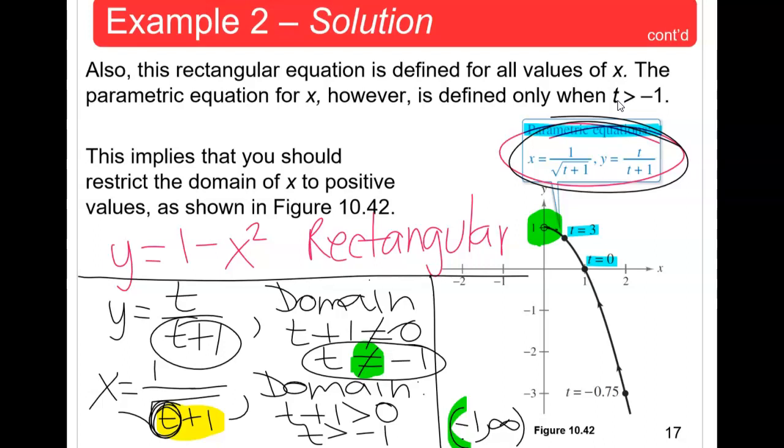For t equals -0.05, which is greater than -1, you could see it here. So that was a good start for it as well.